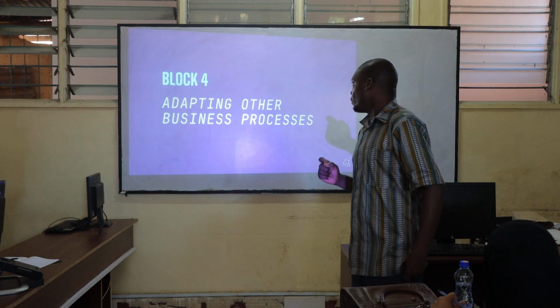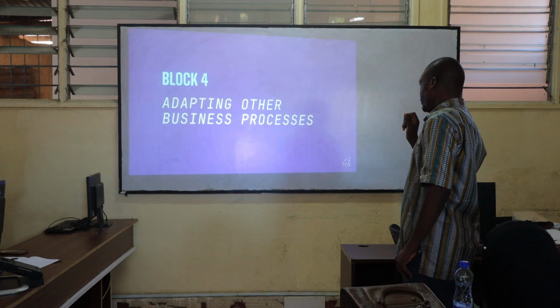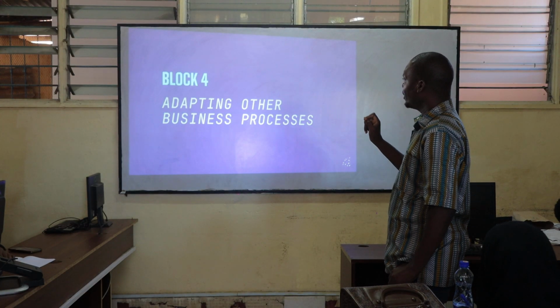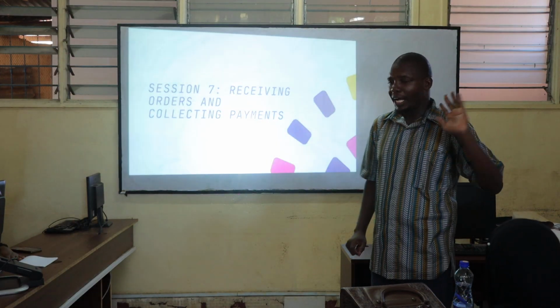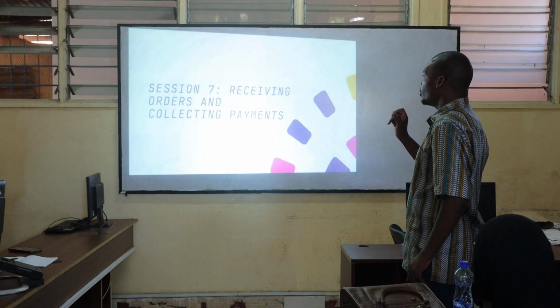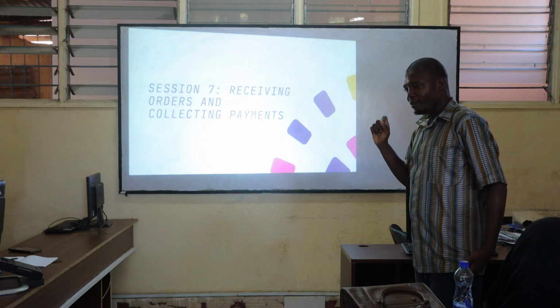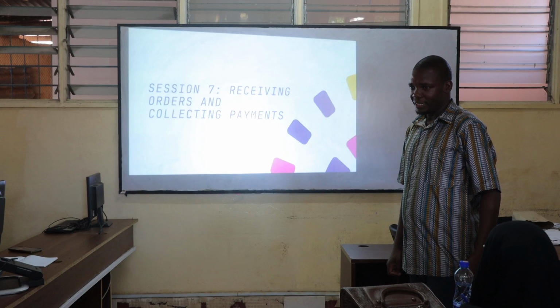Yes. And now we want to see how we adapt other business processes. Very important. Now I want us to be very keen with block 4 because it carries a lot of weight. In this one, we'll learn how we receive orders and collect payments. You understand?